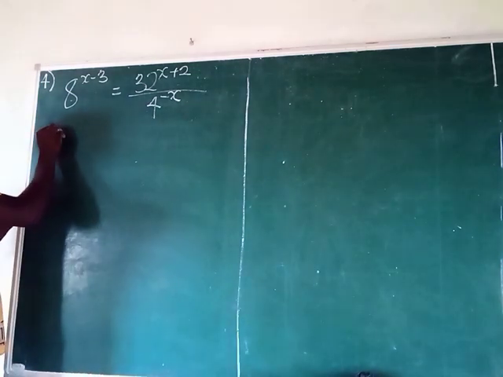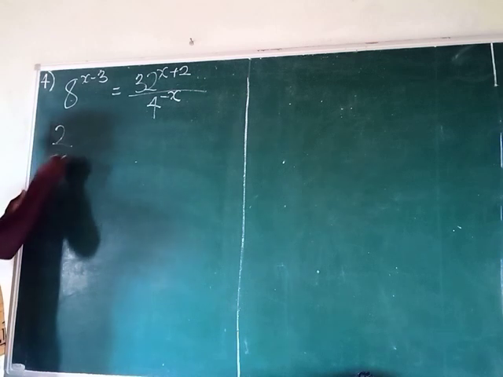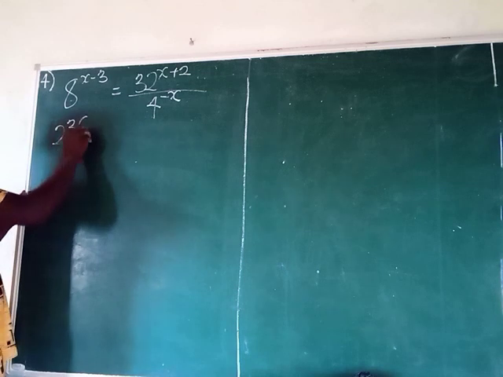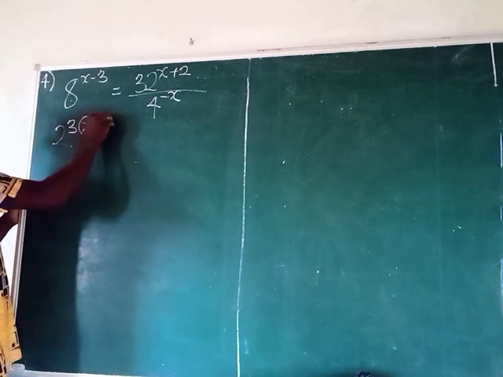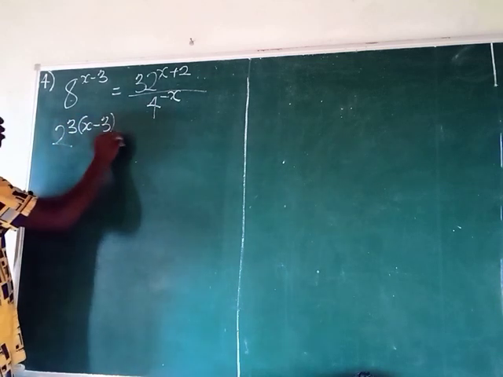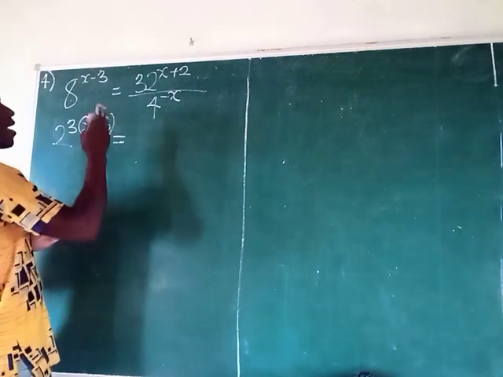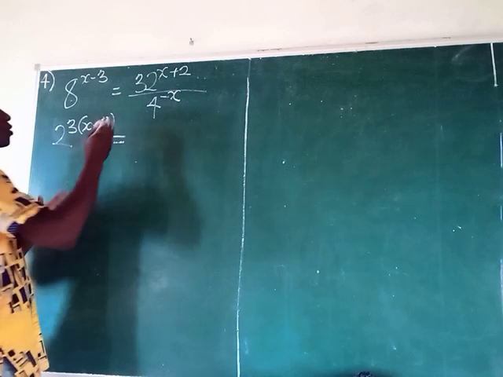And so what do we do next? We say 8 can be expressed in base 2, and that will be raised to the power of 3 into x minus 3, is equal to, now the next one, 32 raised to the power of x plus 2.